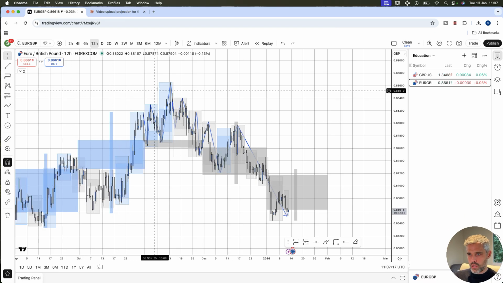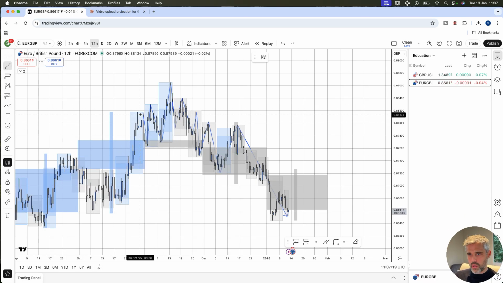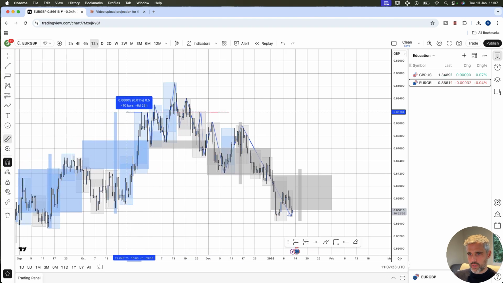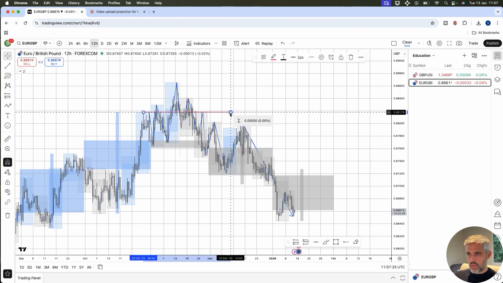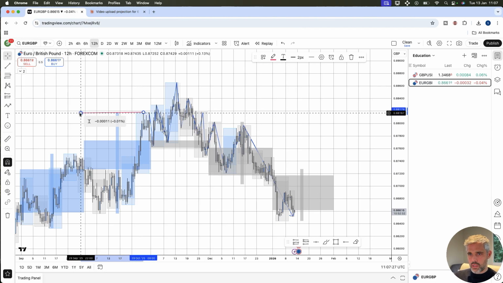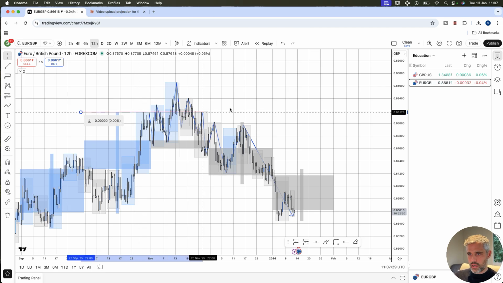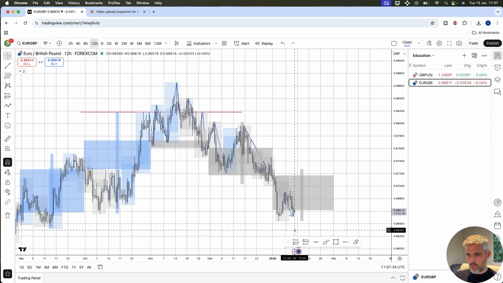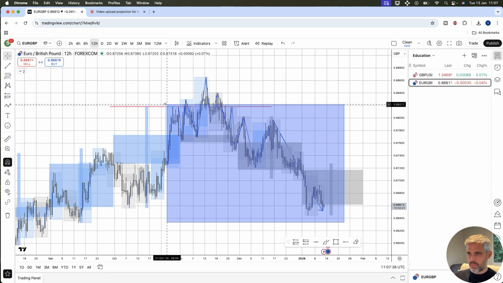So you've got candle 1, candle 2, manipulating the high of this candle right here. It closes, and then price makes its way to the low of candle 1, and that's a bearish example.